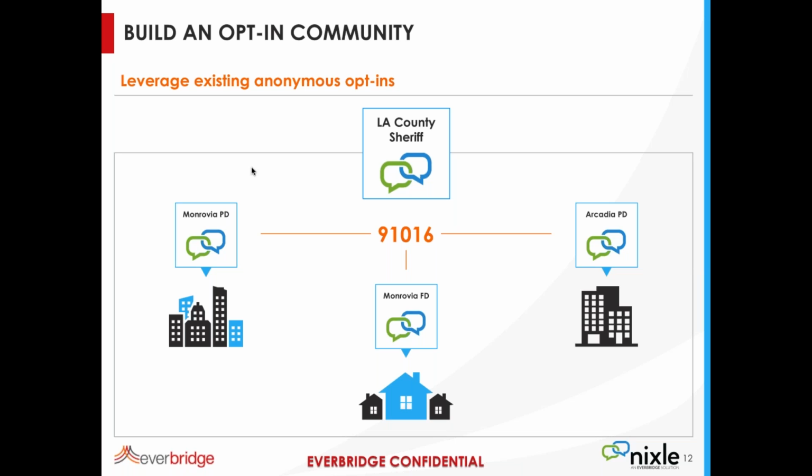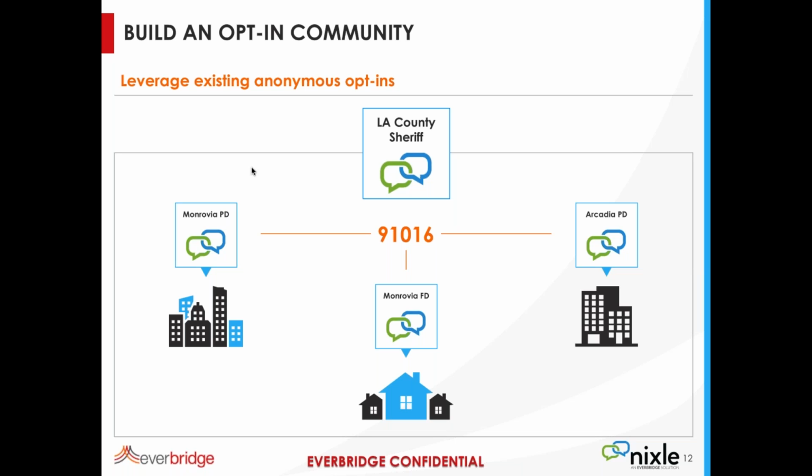So I live in LA County, and I can tell you just by signing up to 91016, just by sending that into 888-777, I am signed up for 4 or 5 agencies, right? Which is great. So the county level agencies, if there's, obviously, a county level notification, and last month there were wildfires burning just a few miles from my house.